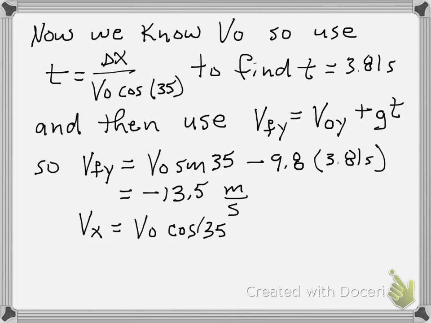V in the x direction we know is V0 cosine theta, and that's 34.2, and that gives us a vector addition problem.